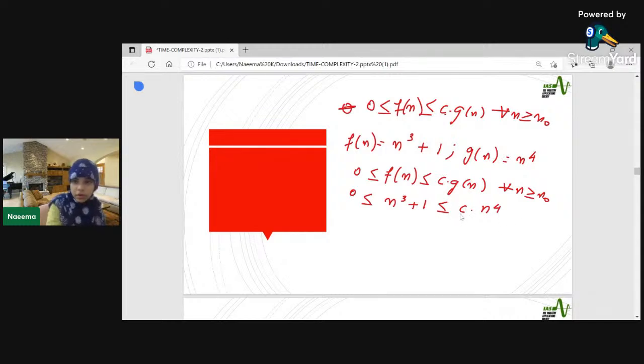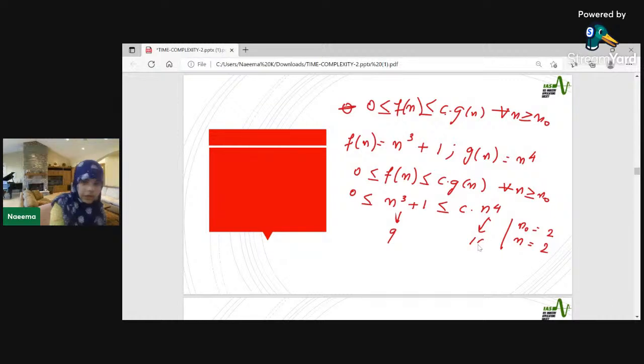Now we're going to find a constant c such that the equation is satisfied. Let's take the value of n naught as 2. So n will be 2 because we know the condition: n will be anything that is greater than or equal to n naught. On substituting the value of n in this equation, we get 9, and 2 power 4 is 16.